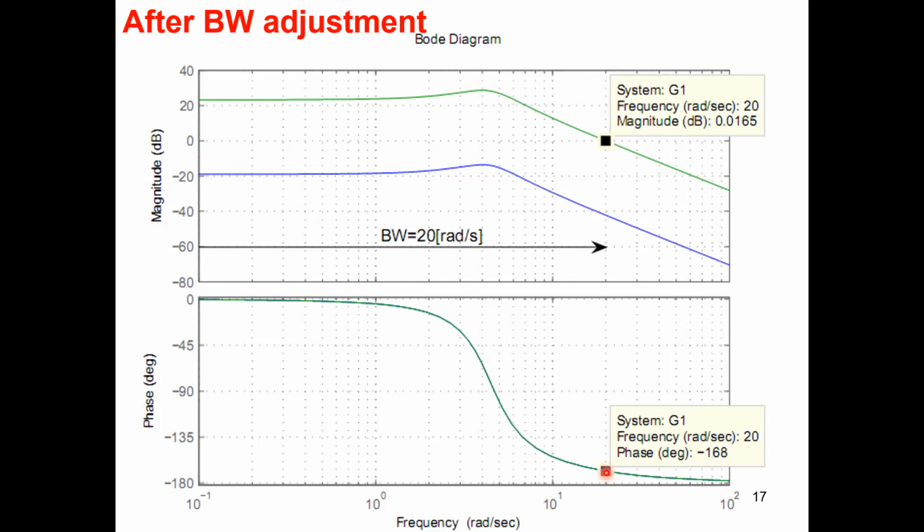You have only 12 degrees, which is not enough. 12 degrees is a very, very small margin. Let's say you change a little component in your plant, you do a little modification to the plant, you can lose this 12 degrees margin and all of a sudden you are unstable.